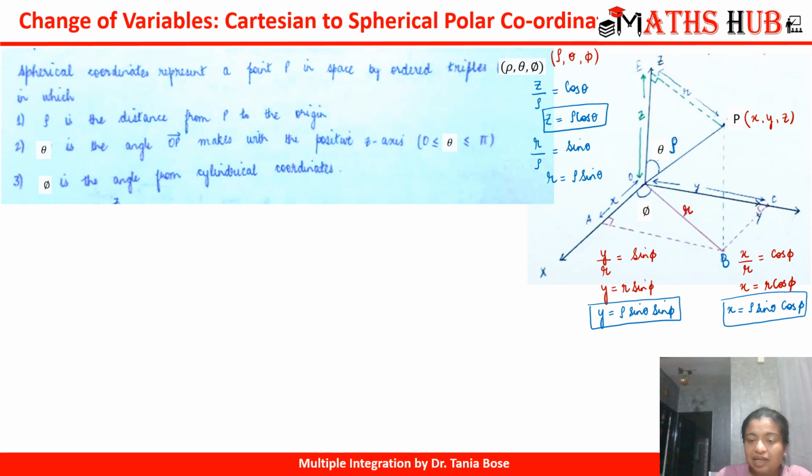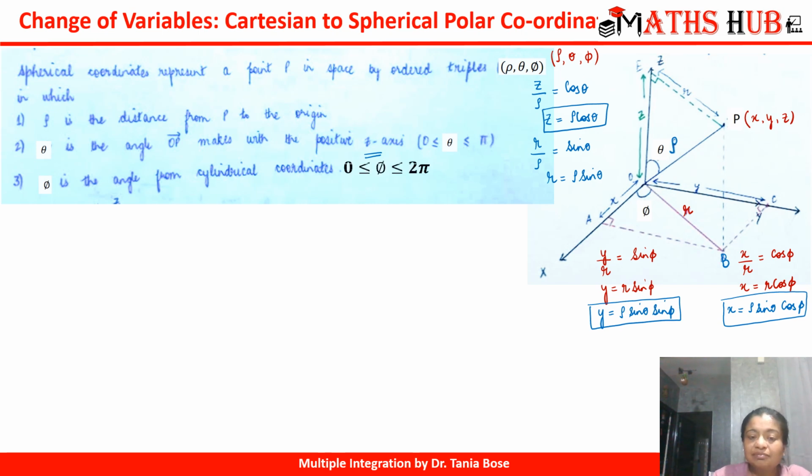So you have to be very clear about what is theta, with which axis it is making that angle. So theta is always the angle made with the positive z axis, and the range of theta is always from 0 to pi, right? And phi is the angle from the cylindrical coordinate. So when I take the projection on the xy plane, phi is the angle made with the x-axis, right?